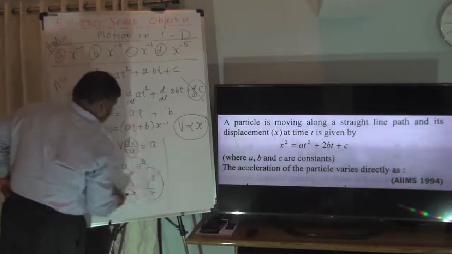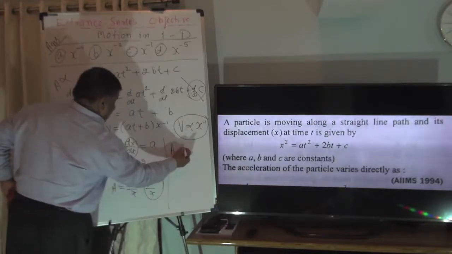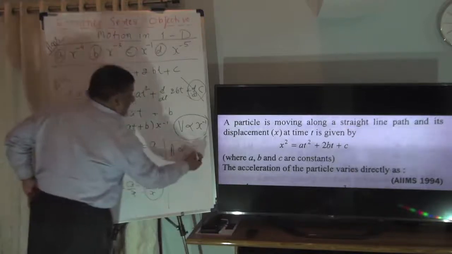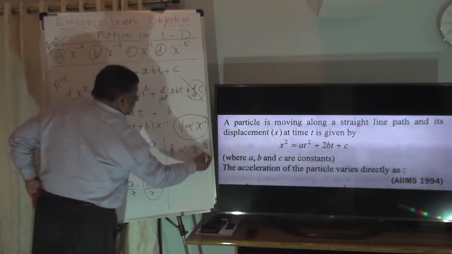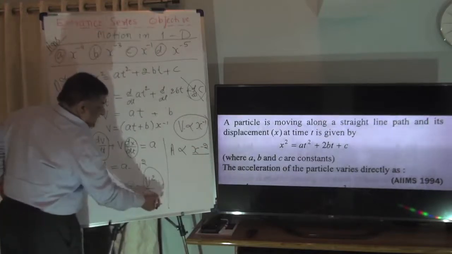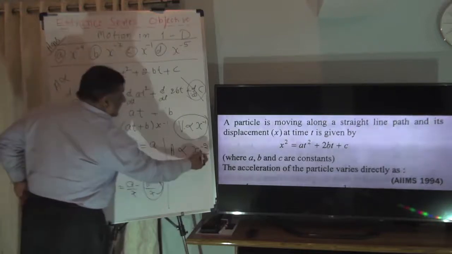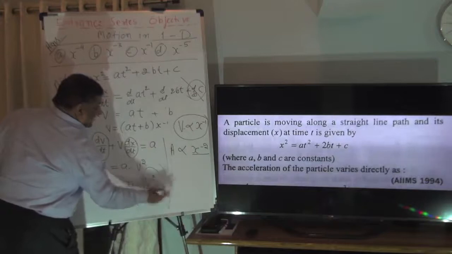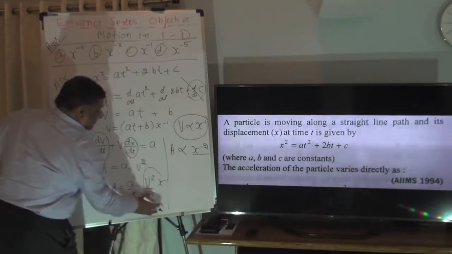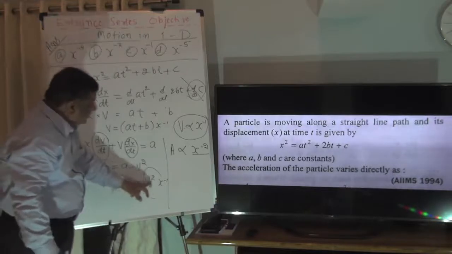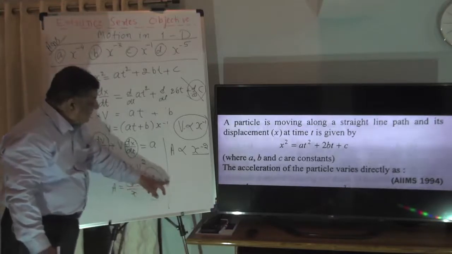So we can get it here: acceleration is proportionate to v square, that is x to the power minus 2, over x, and when this x comes up, this is again x to the power minus 1. So A is proportionate to v square times x to the power minus 1.